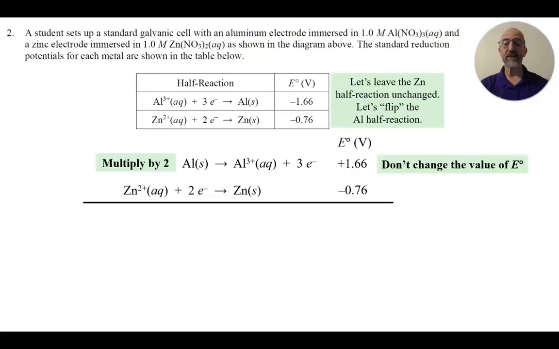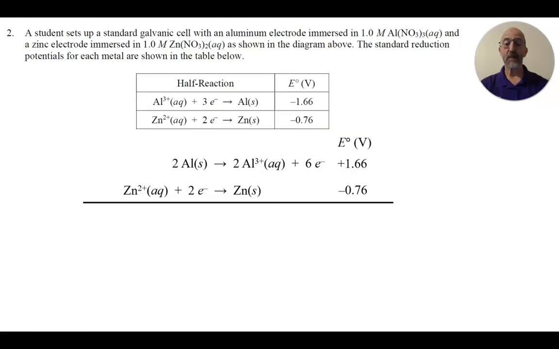So my coefficients for the aluminum half reaction will become 2, 2, and 6, but I did not change the value of the cell potential when I did that. For the zinc half reaction, I will multiply by 3. So I will not change the value of the cell potential for the zinc, but I will change the coefficients to 3, 6, and 3.